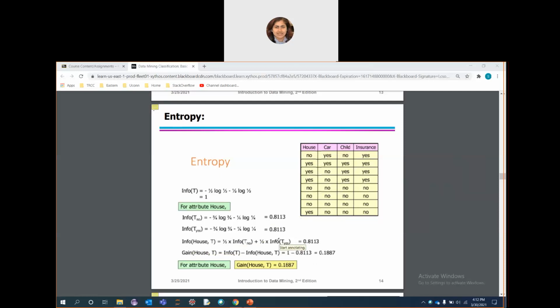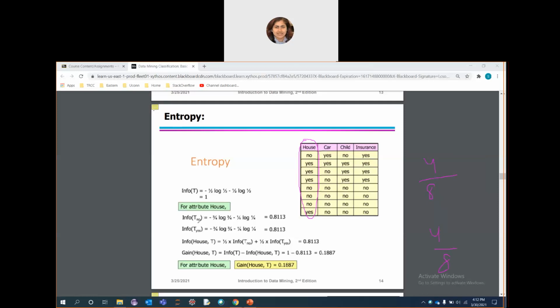This is the formula for it, and then the information gain. You can refer to the slide where we have that formula. We are just applying that here in practical terms. In this given house attribute, out of total 8, how many are yes? 4. And how many of them are no? Again 4 by 8.